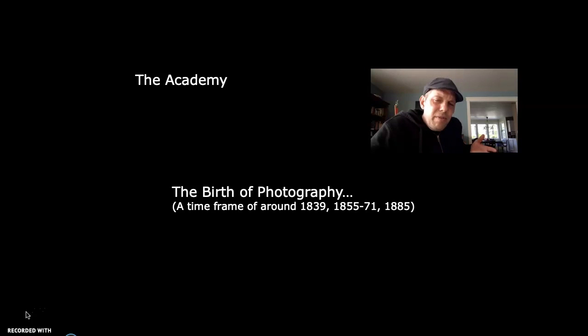Photography was invented in 1839. There was a small time frame where it was more regularly available commercially, and then as early as 1885, regular cameras could be had by many people. It wasn't inaccessible.